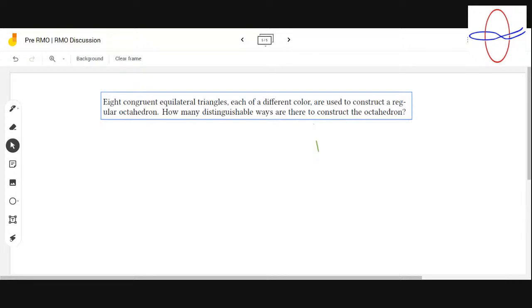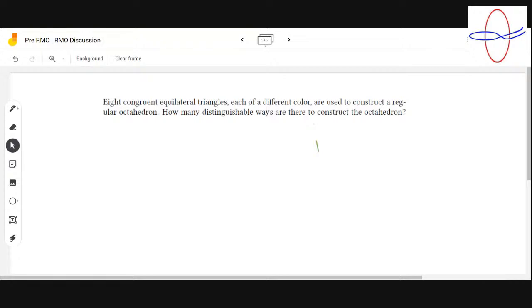Okay, so let's focus on this problem, guys. Eight congruent equilateral triangles, each of different color, used to construct a regular octahedron. Okay, I'm giving you a diagram of a regular octahedron. Let's see if I can get a diagram.